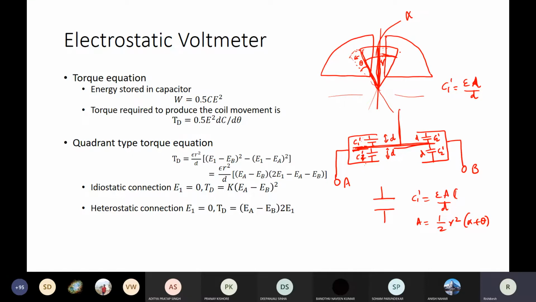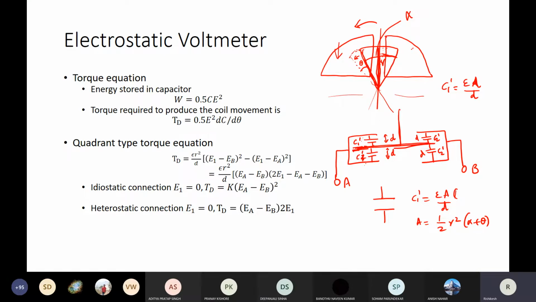However, the moment it moves in this direction, the area of overlap with this sector is more in comparison to the area of overlap with respect to this. So that is where this difference between C1 dash and C2 dash comes into the picture.